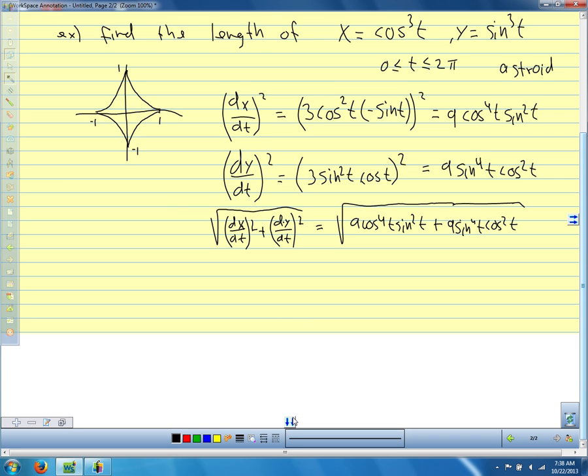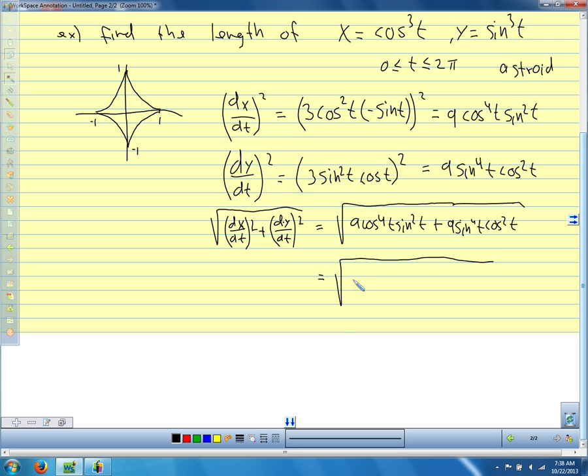All right. Hopefully this simplifies. What can we do with this? I don't want to integrate this. I want to simplify this a little bit. How can we simplify that?